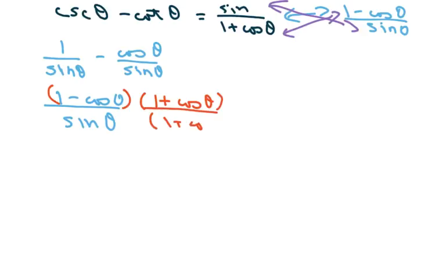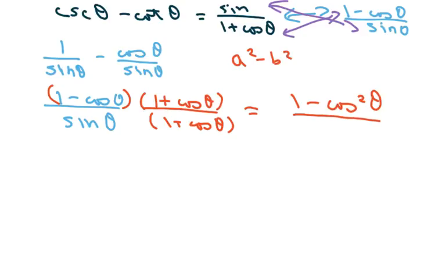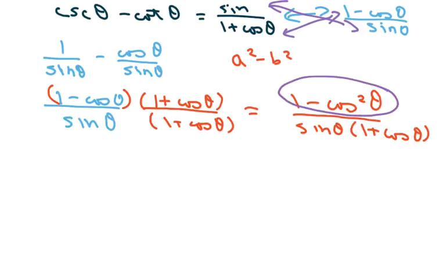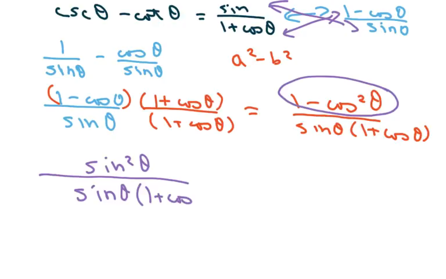The numerator and the denominator. We know that the numerator is going to be 1 minus cosine squared of theta, based on our difference of squares. And the denominator is going to be sine of theta times 1 plus cosine of theta. This equals sine squared theta all over sine theta times 1 plus cosine of theta.